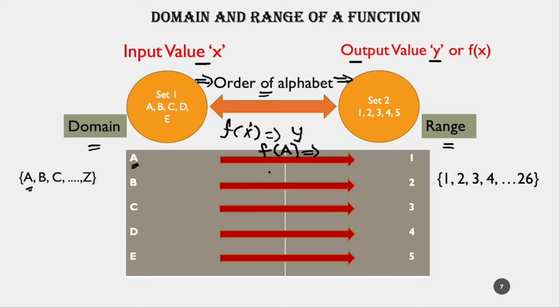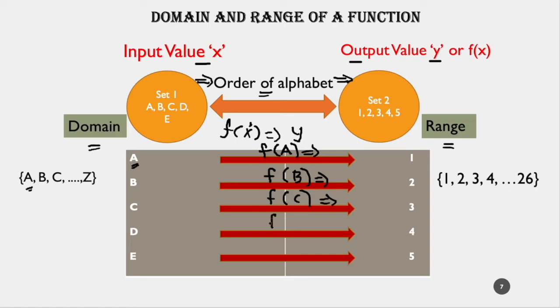And what would be the function of B? When you apply B to the function, f of B would be 2 because B is the second letter of the alphabet. And if you input C to the function, f of C would be 3.